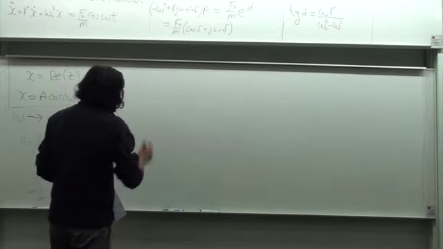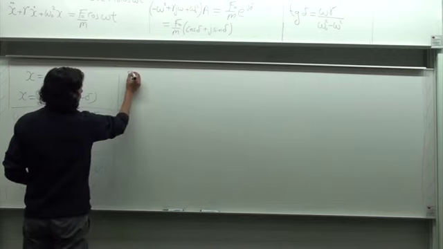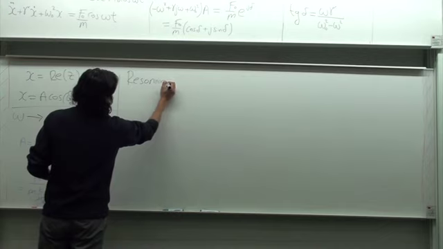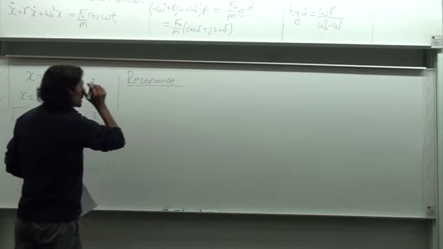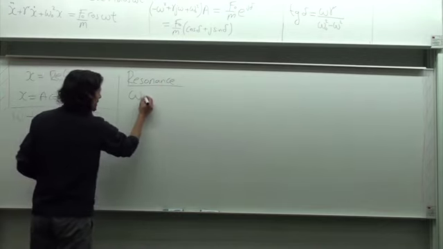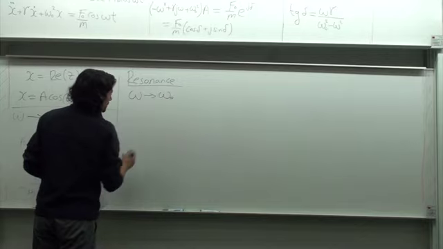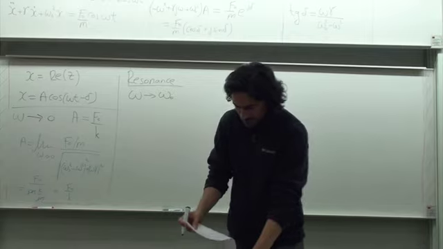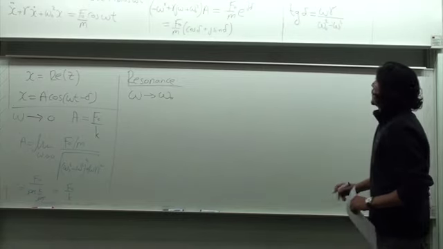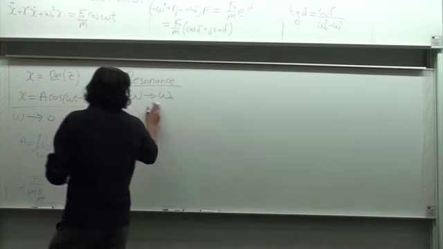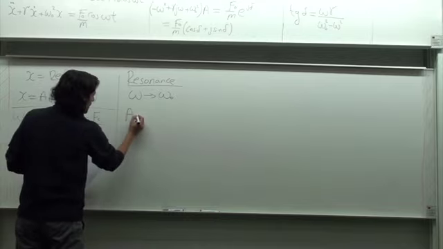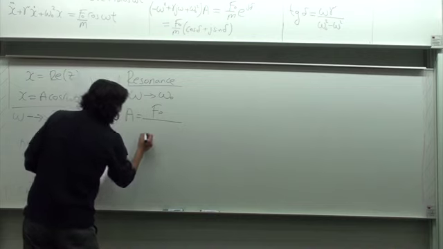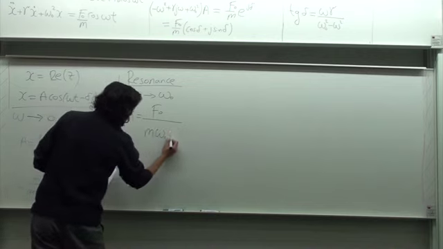Now let's take another case, and that's the case of resonance. Suppose now omega is tending to omega 0. What happens now? Well, if omega tends to omega 0, then A would be equal to F0 over M omega 0 gamma.